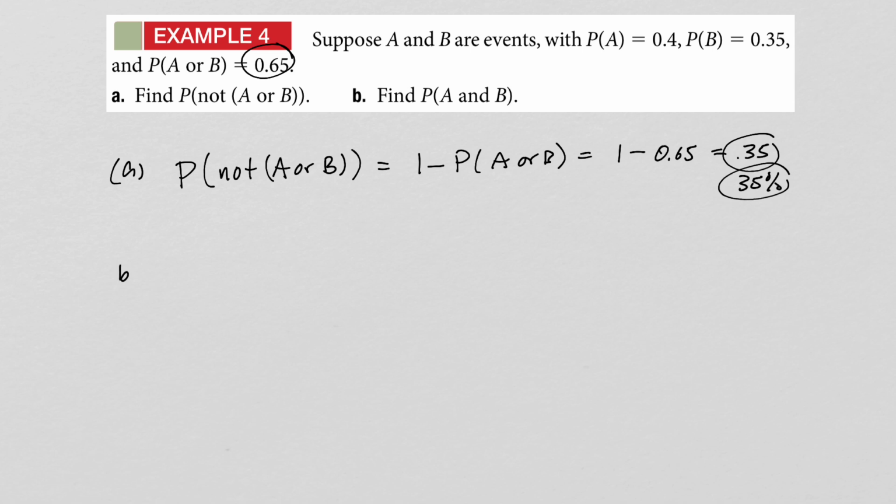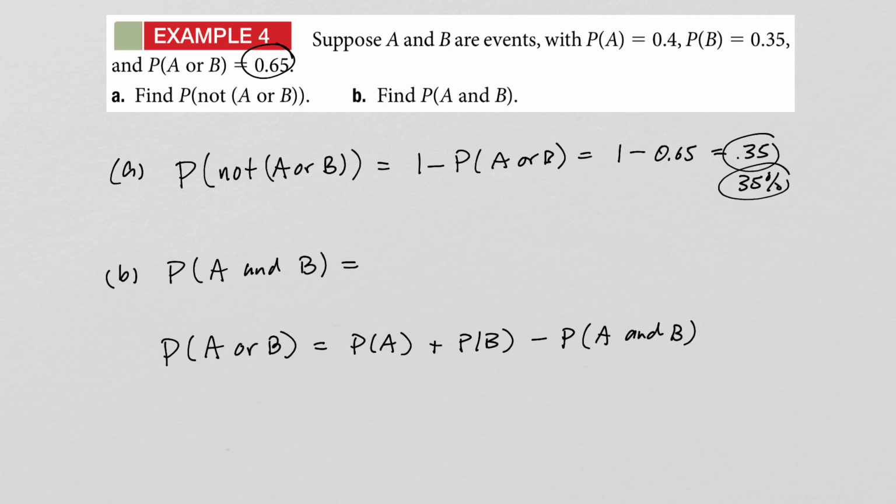Now for part B, we want the probability of A and B. Okay, well, what's the probability of A and B? Well, let's remember the rule. The rule says that the probability of A or B is the probability of A plus the probability of B minus the probability of A and B. So if I want to find this probability, let's recognize that this is what we're looking for here.